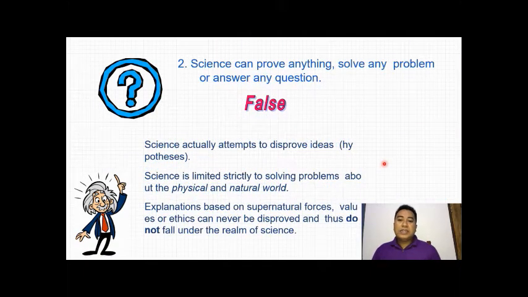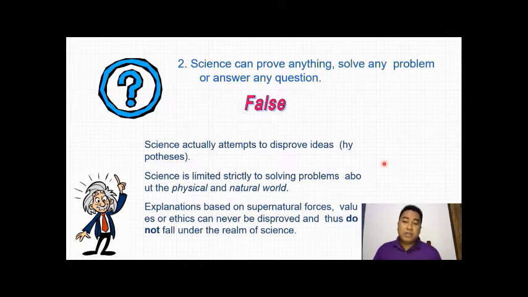Number 2: science can prove anything, solve any problem, or answer any question. This statement is false. Science actually attempts to disprove ideas or a hypothesis. Science is limited strictly to solving problems about the physical and natural world.